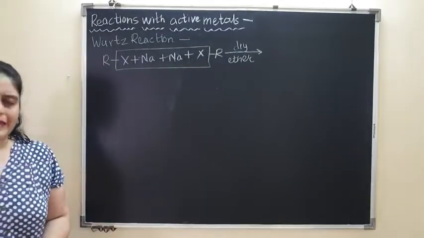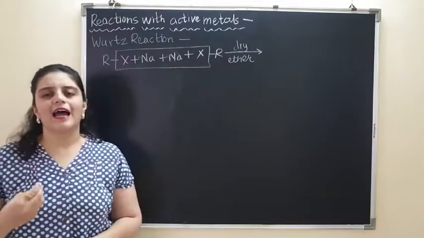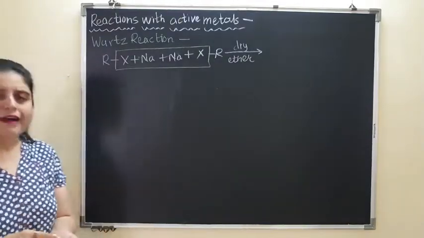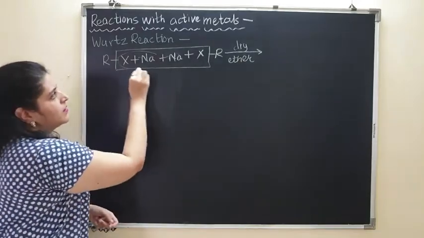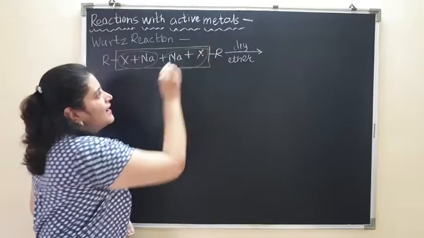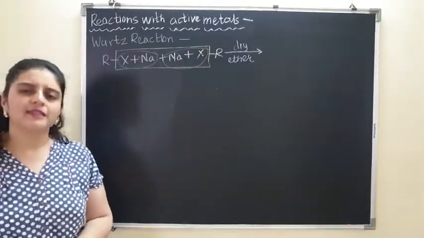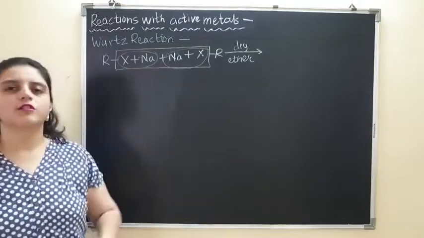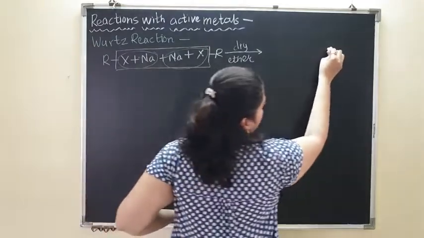The sodium metals, by reacting with halogen atoms of the alkyl halide, will form NaX. This is one molecule of NaX and this is the second molecule of NaX. So can I write it as 2 times NaX, because 2 molecules of NaX are formed.